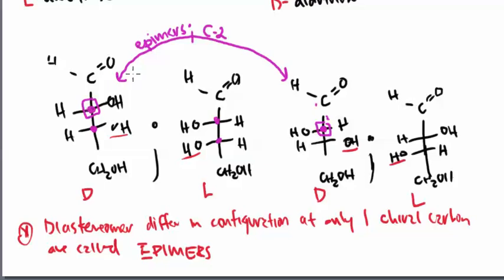Well, it looks like number 1 and number 4 could be epimers as well, right? I see the aldehyde up here at the top, and I see the aldehyde down here, or the CH2OH group at the bottom. I see that at my second carbon, nothing's changed. My OH and the H's, they've stayed at their location. At the third carbon, though, at this point is where they flipped. My OH has flipped to the other side. So yes, number 1 and number 4 are epimers as well.